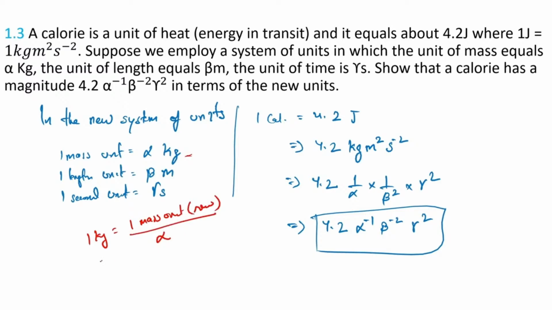So substituting this value over here, and similarly for length and seconds, we have substituted all these values, and we got 4.2 alpha raised to the power of -1, beta raised to the power of -2, and gamma raised to the power of 2. So this is the magnitude in the new system of units for a calorie.